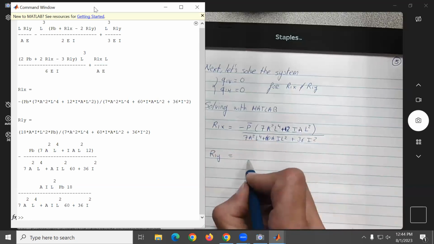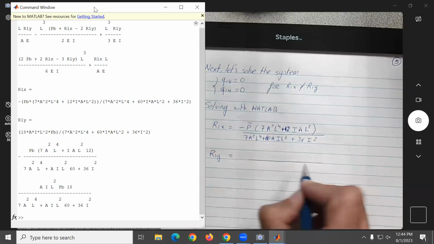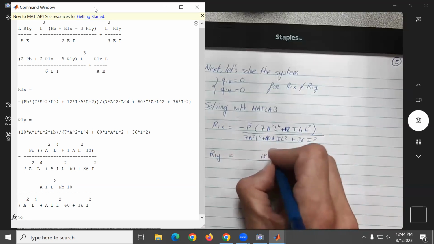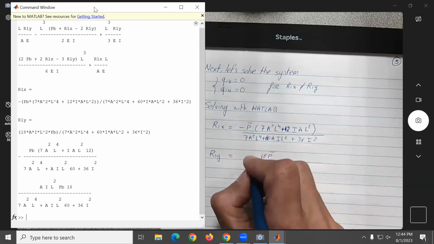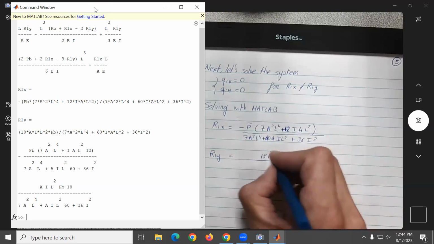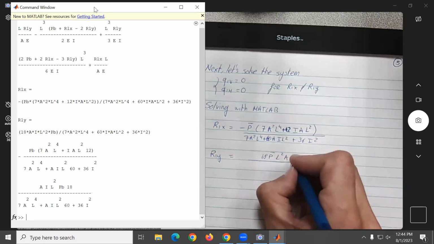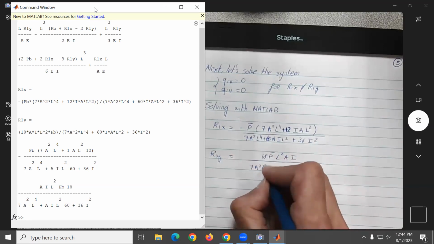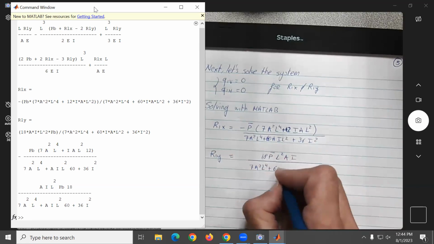R1Y is equal to 18 P bar L squared A I, and the bottom should be the same, so I'm just going to copy the one that is on top.